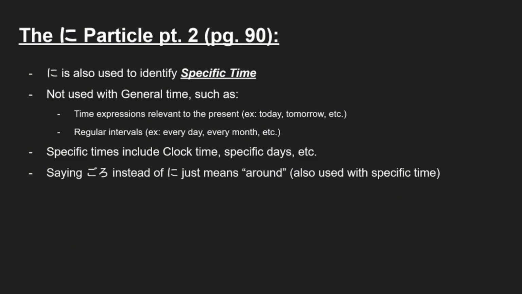We've been using goro to mean "around," and this is specifically with a point in time. Goro means around, and this will replace ni more often than not. You could still technically use ni, but you don't need it. It kind of does the same thing. Goro itself is a word though, not necessarily a particle, right?